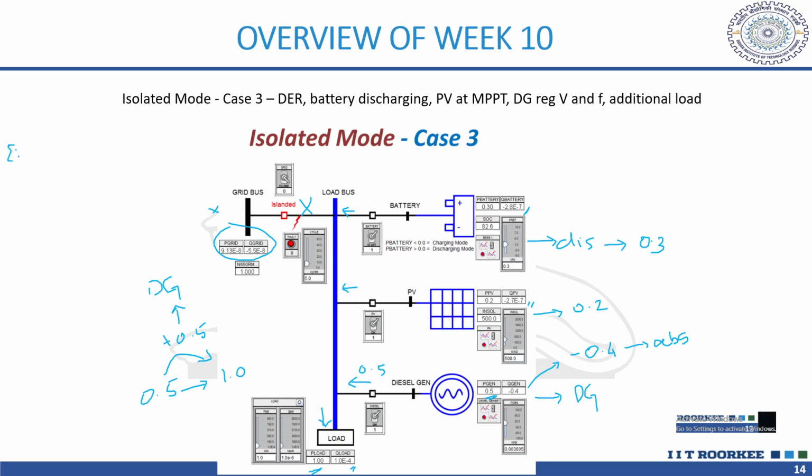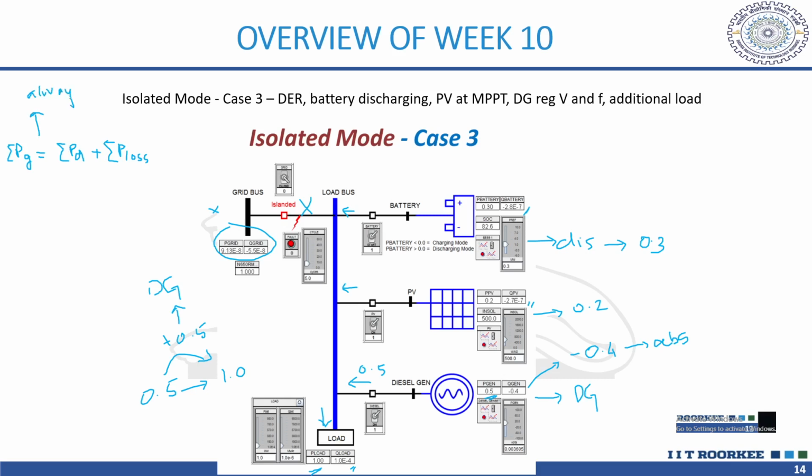So as we know, we are writing the power balance as P generation equal to P demand plus P loss. So is this equation correct? Power balance equation for active power? This relation, it will satisfy always, right?